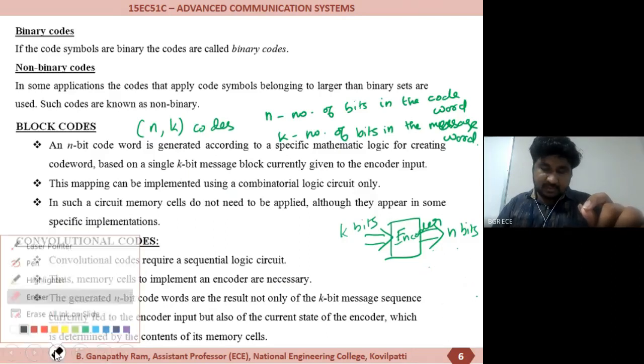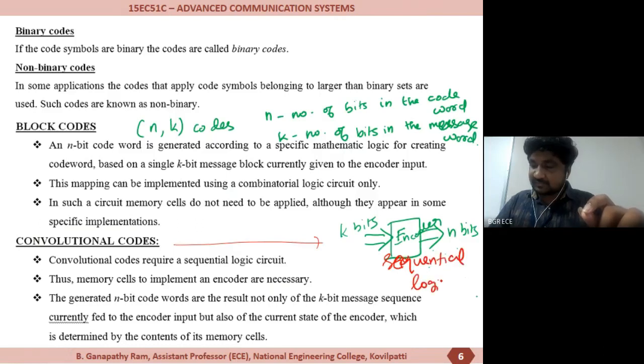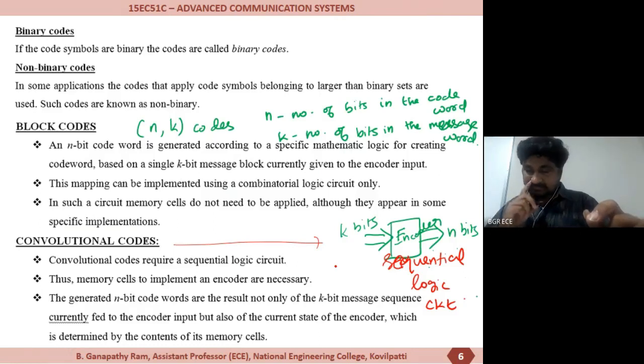The convolutional codes involve a sequential logic circuit in the encoder, which uses memory. A sequential circuit can be built using a combinational circuit and memory.